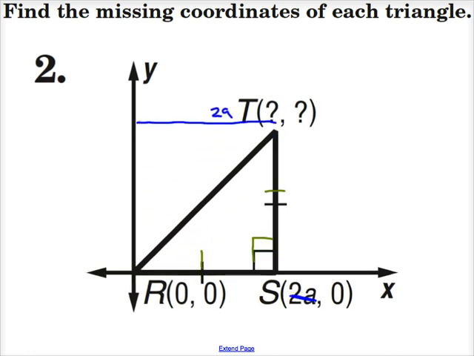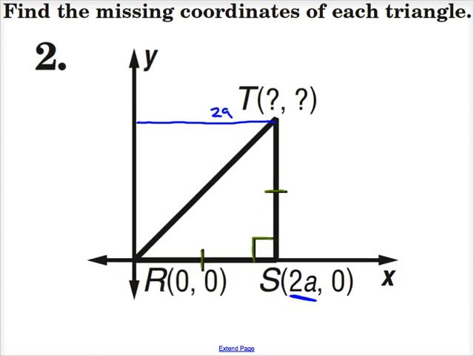And so the coordinates for T, we know its x-coordinate is 2a as well. And now we need to find the y-coordinate. That y-coordinate is related to the fact that this is an isosceles triangle.